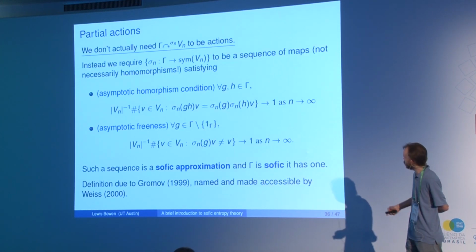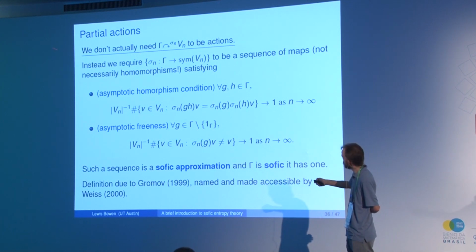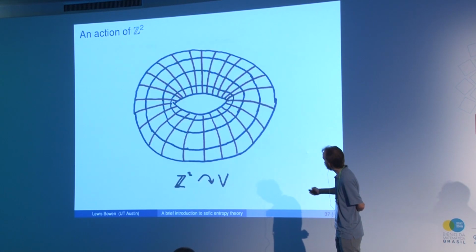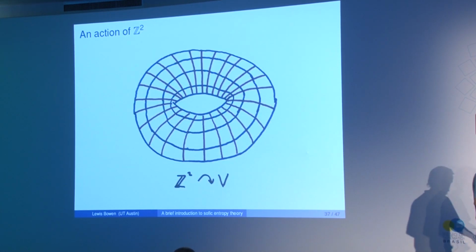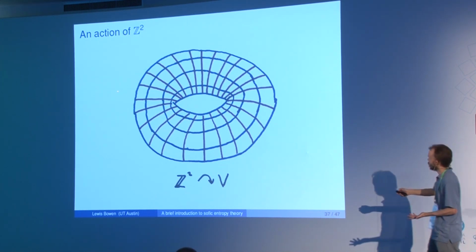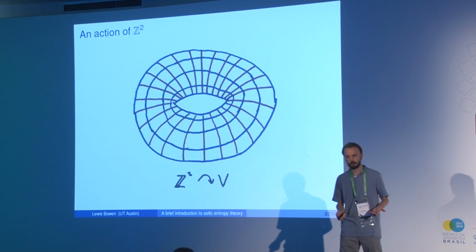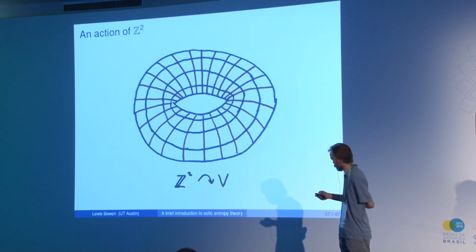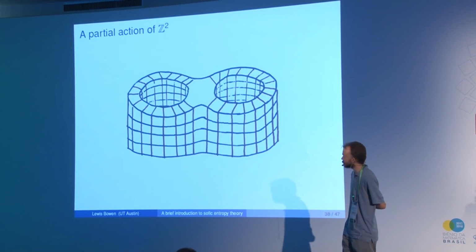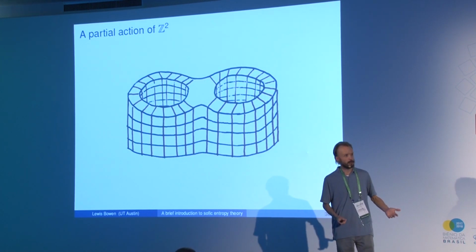By the way, I guess these conditions may seem kind of strange. So here's a picture, just to get in mind. If you have Z squared, and if you have an action on a finite set, you may think of that as a finite discrete torus, pictorially. But if you have a Sofic approximation, what's that? Well, you can do the same thing.